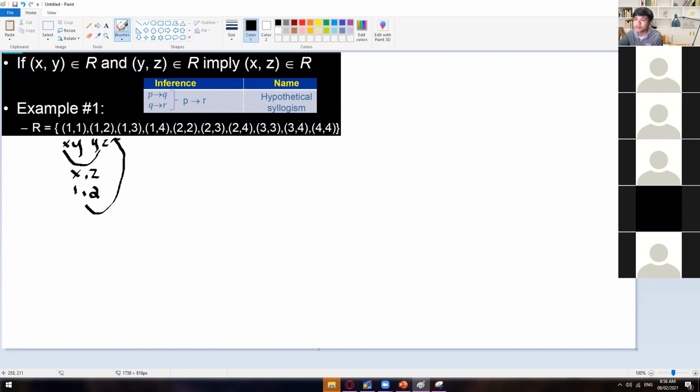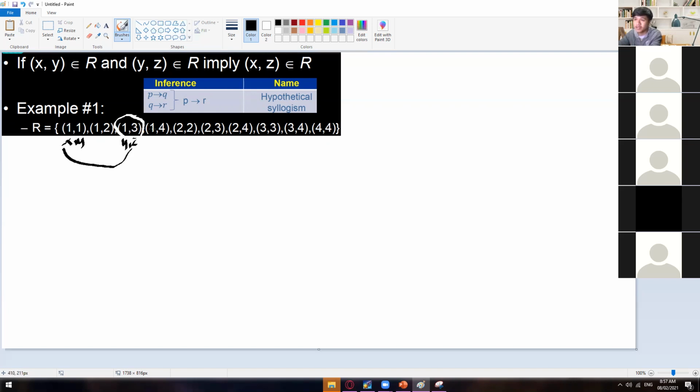Here we have 1, 1, and 1, 3, so we have the xy and then the yz. Again, you should have this xz, which is 1, 3, which can also be found in this ordered pair, the 1, 3. So this one is also good as a transitive relation.